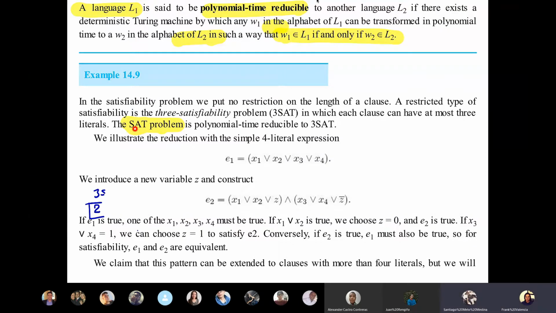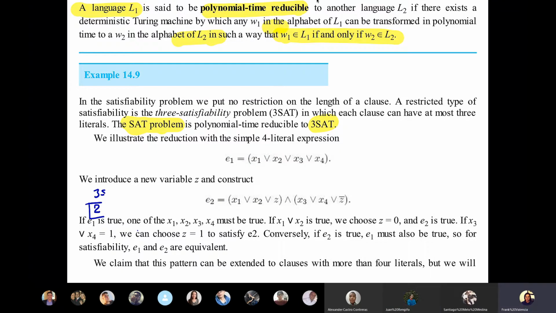Exactly. You need to decide if it can be satisfied. So this problem can be reduced in polynomial time to 3 SAT. Do you remember what 3 SAT was? Someone else? It's a variation of SAT where we have clauses of 3 literals. Exactly.